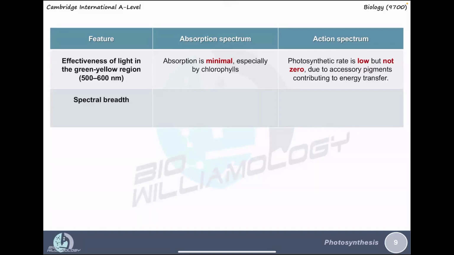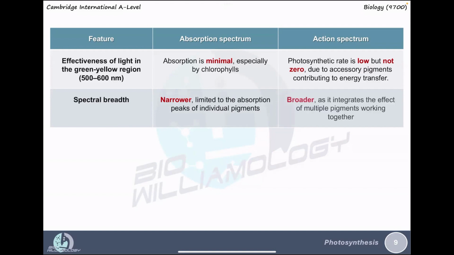In terms of spectral breadth, or how wide the spectrum is, the absorption spectrum shows a narrower shape in this case, because it is limited to the absorption peak of an individual pigment. Each individual pigment will show a narrow spectrum compared to the action spectrum, because the action spectrum shows the integrated effect of multiple pigments working together.